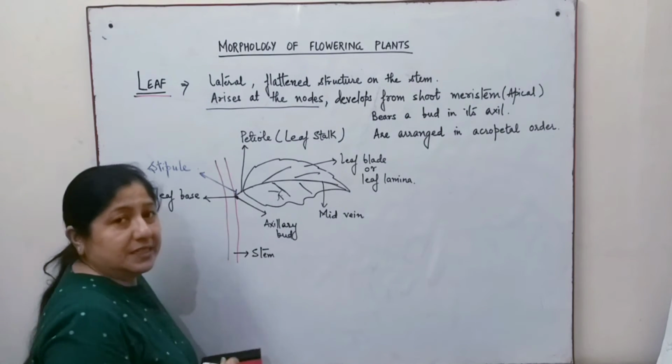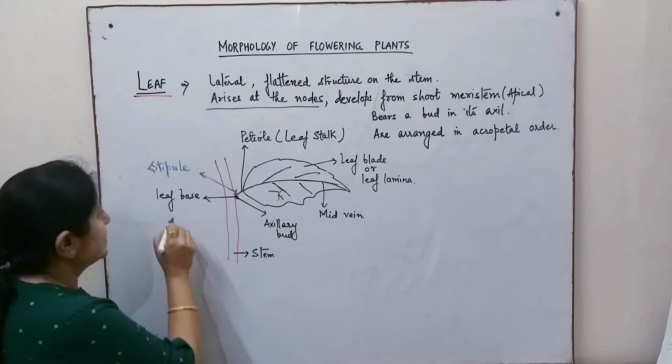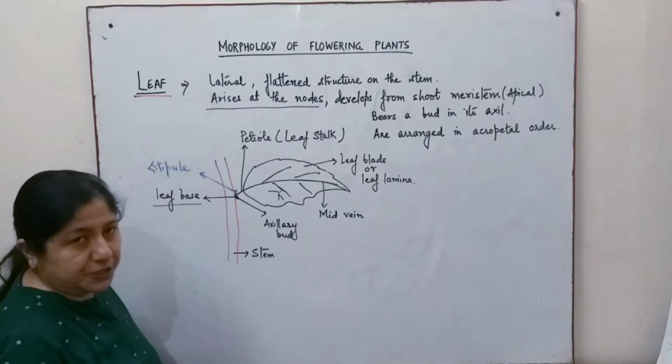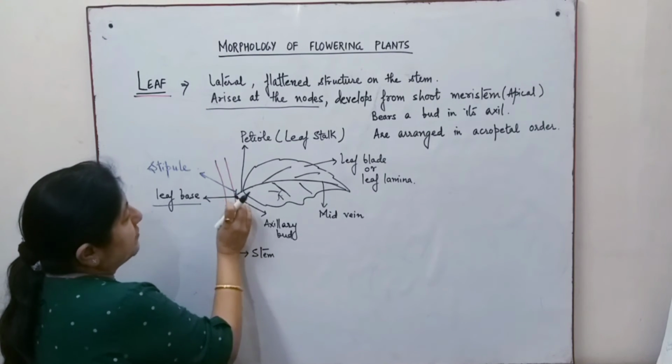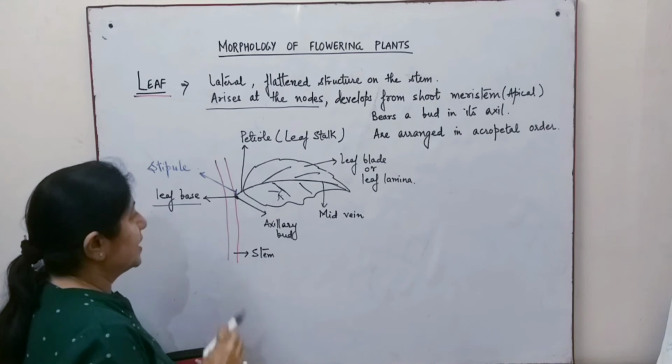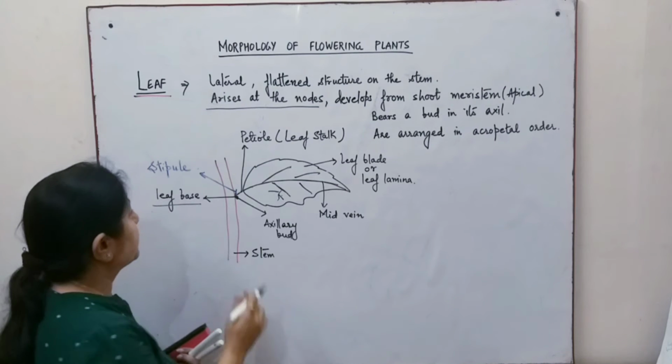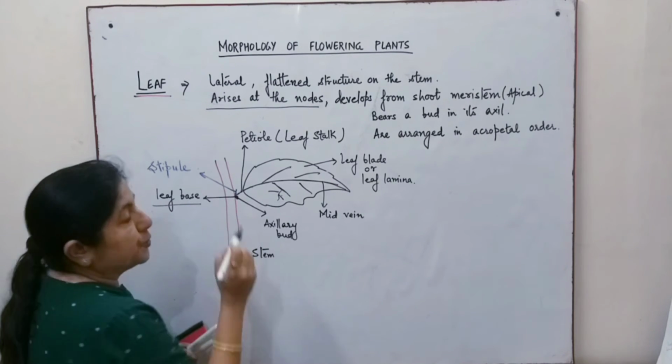The leaf base is the point of attachment where the leaf is attached to the stem. So the main function of the leaf base is to hold the leaf. Coming to the stipule part.